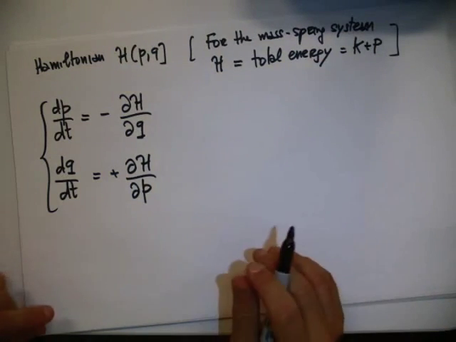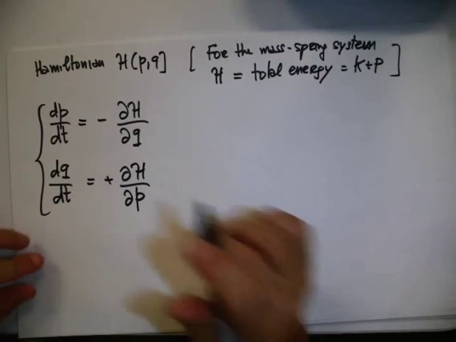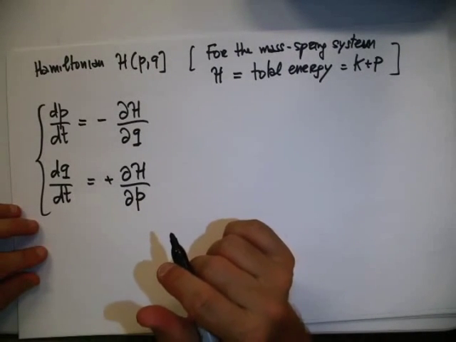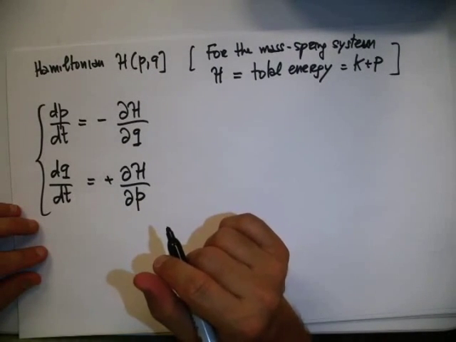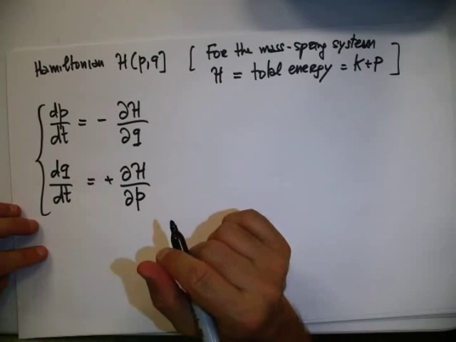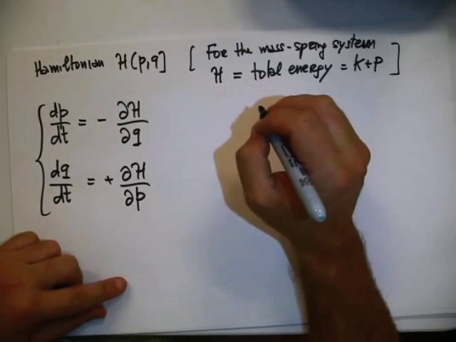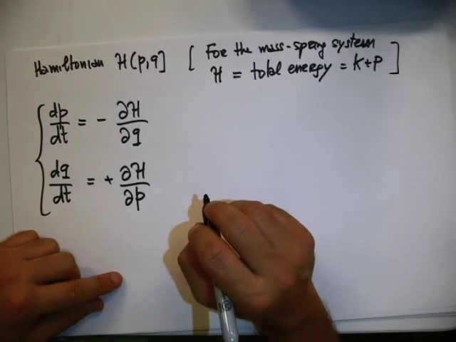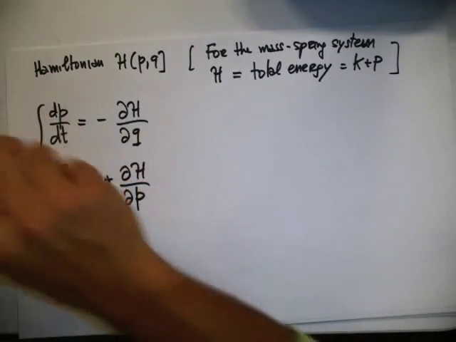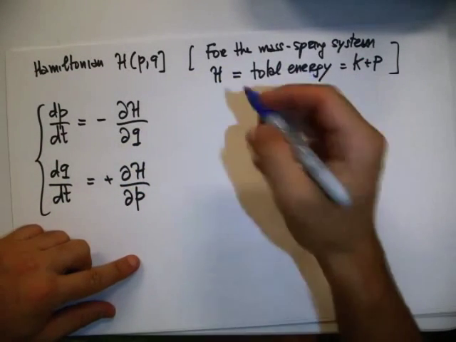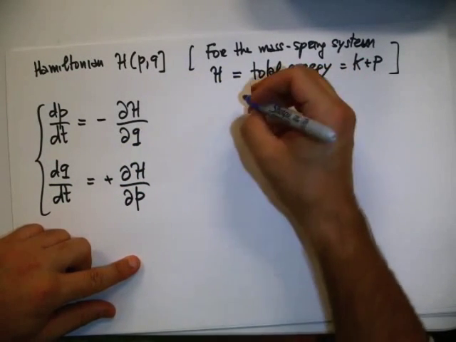What is so special about these systems? Well, first of all, if this is a good Hamiltonian system, we need to derive what are called the Poisson brackets.